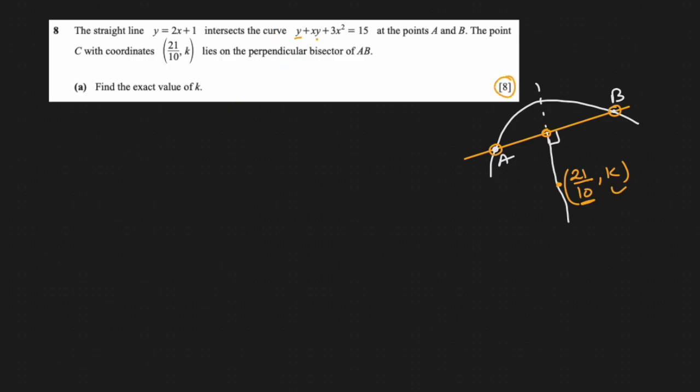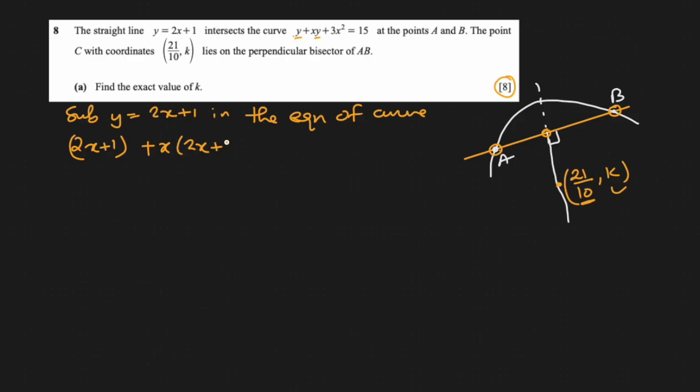So first, what will I do? I will substitute the y by the value of y of the line, because at these 2 points, x and y are common. So substitute y equal to 2x plus 1 in the equation of the curve. So 2x plus 1, which is this y, plus x times 2x plus 1, which is this y, plus 3x square equal to 15.